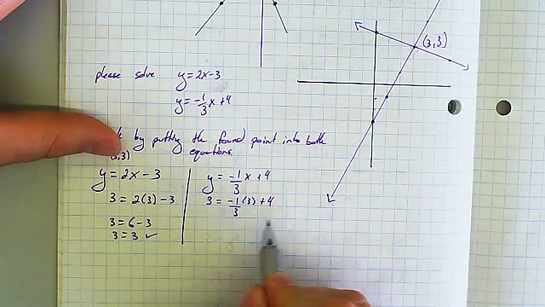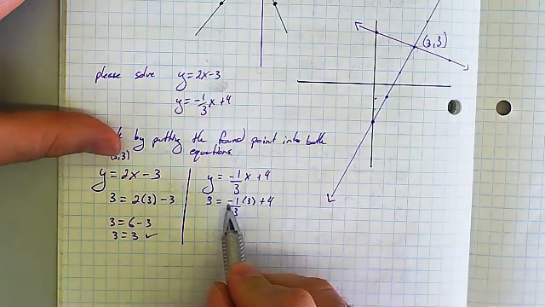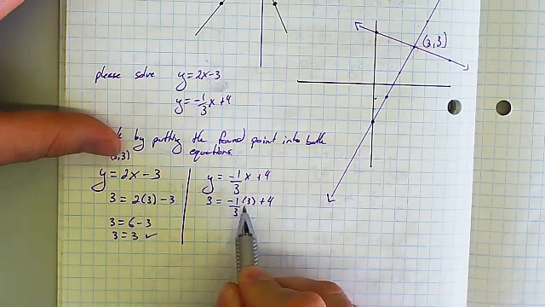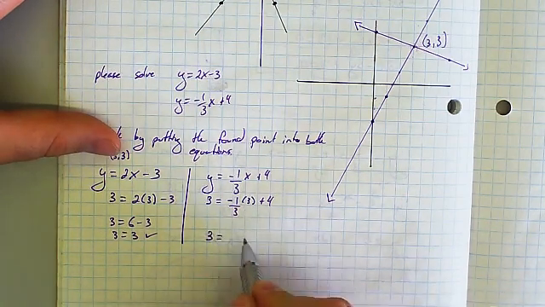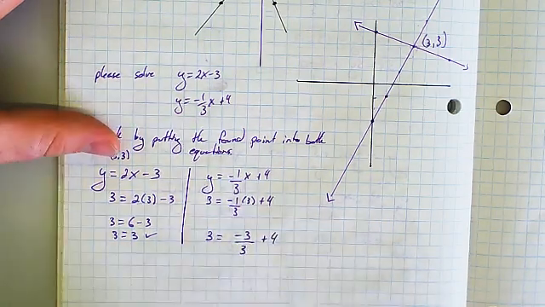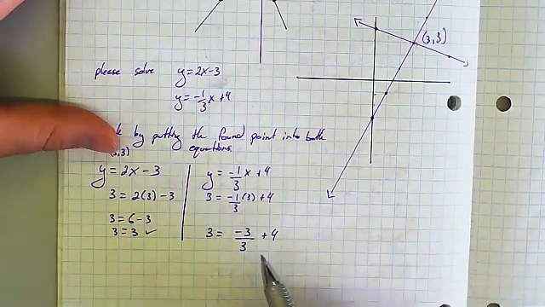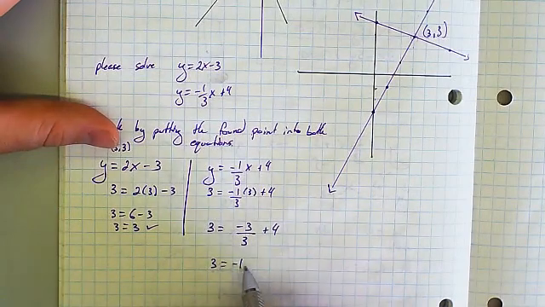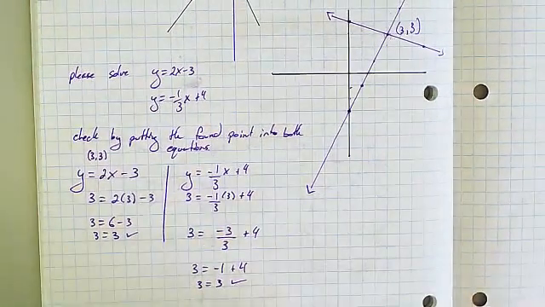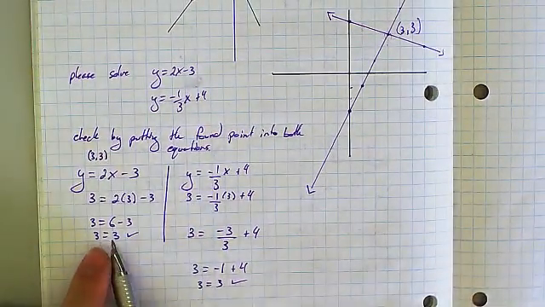Should work. Okay, when I multiply this out, negative 1/3 times 3 is what? Or rather, what's 3 times negative 1? So we have negative 3 divided by 3 plus 4. Negative 3 divided by 3 turns into negative 1. And negative 1 plus 4 gives us 3 and 3. So we know it works out.